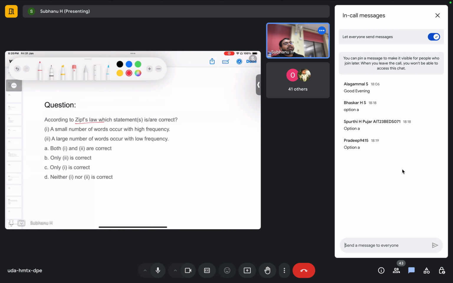We saw last week that in Zipf's law we count the frequency of each word type, then list the word types in decreasing order of their frequency, and we find that the frequency is proportional to 1 by r, which is the rank in the decreasing order.